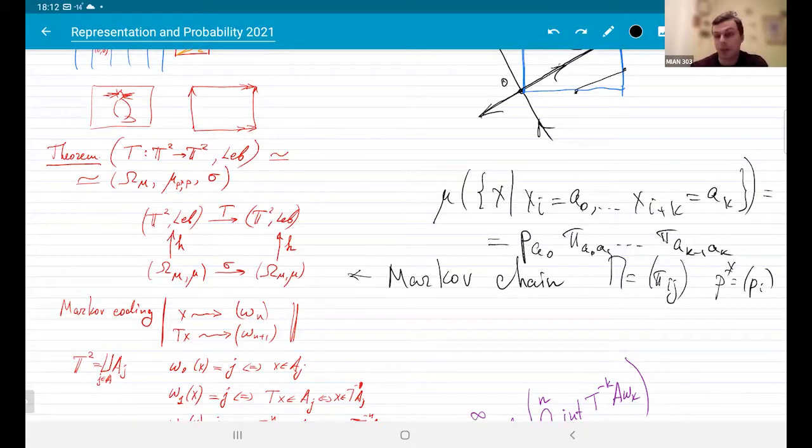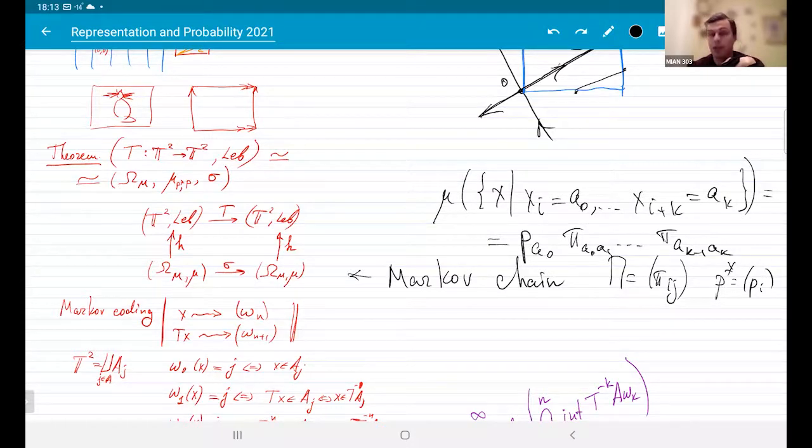So the dynamics is conjugated to the dynamics of some Markov chain, and the conjugacy map maps this. So under this map, the Lebesgue measure in the image corresponds to this Markov measure at the preimage.